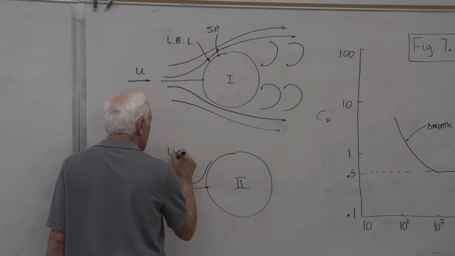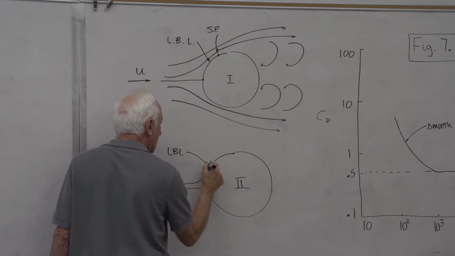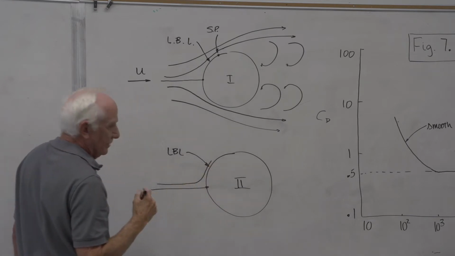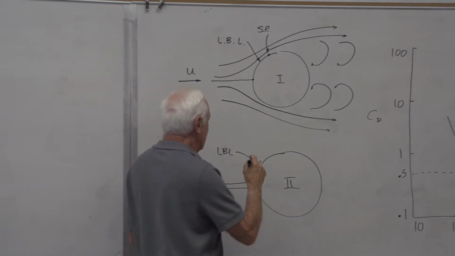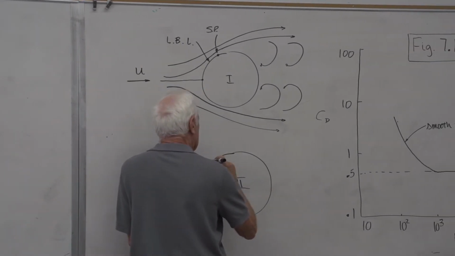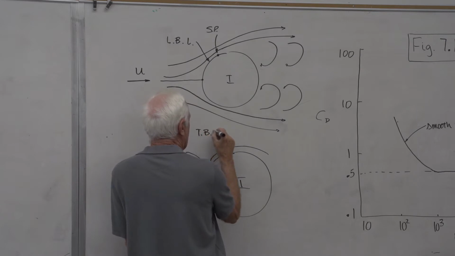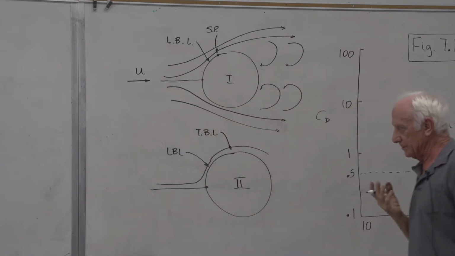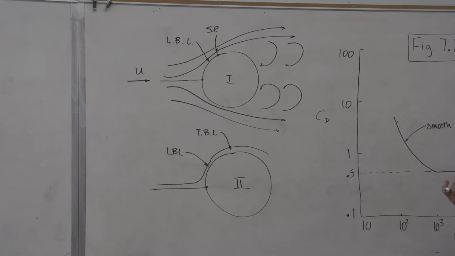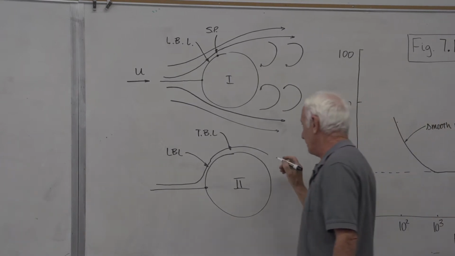If the Reynolds number gets to that range, the boundary layer transitions to a turbulent boundary layer, and because of the increased momentum close to the surface of the sphere, it sticks to the sphere's surface longer.